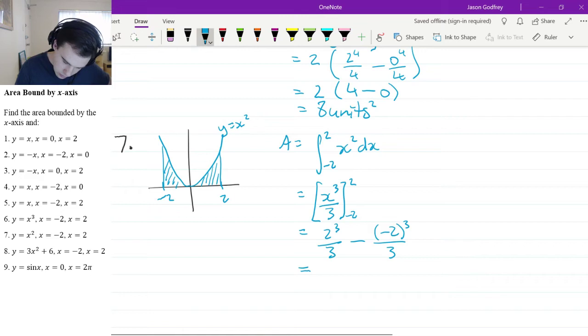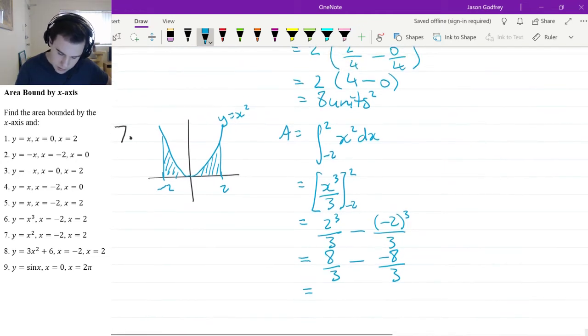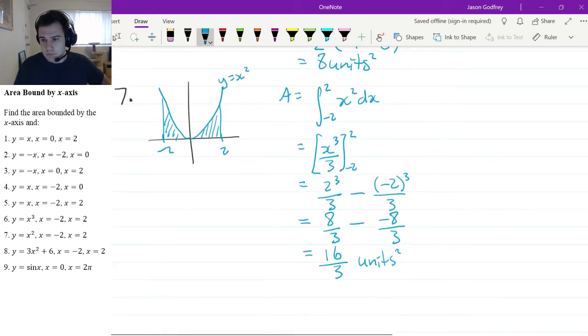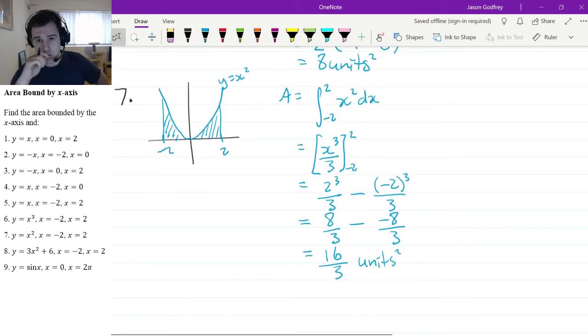So 2 cubed is 8 on 3 minus -2 cubed is -8 on 3, and 8 minus -8 is plus 8, which is 16 on 3, which is 5 1/3. So that answer actually seems a bit reasonable, since it's not 0.